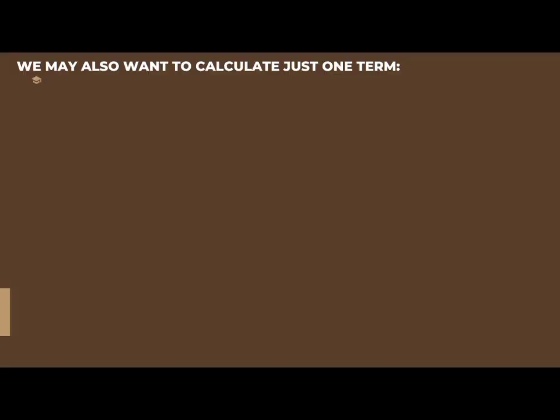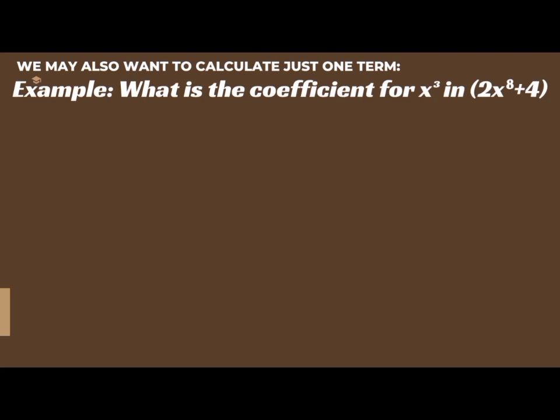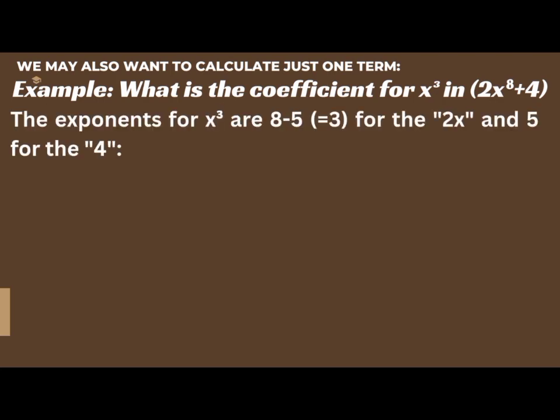We may also want to calculate just one term. For example, what is the coefficient for x cubed in (2x + 4)^8? The exponents for x cubed are 8 minus 5 equals 3 for the 2x and 5 for the 4.